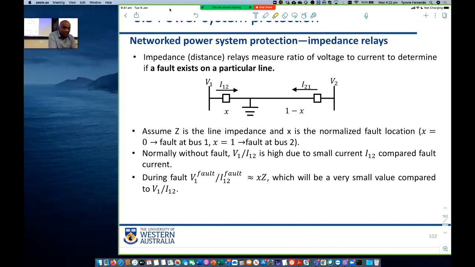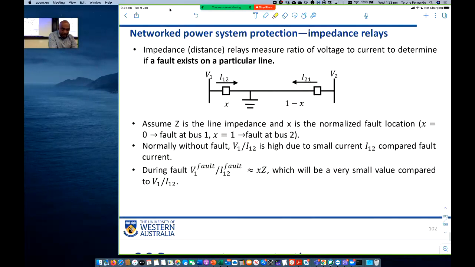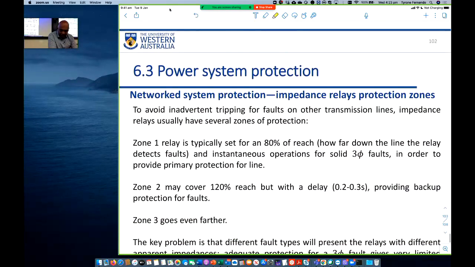So you can see why this is called a distance relay, because depending on where the fault occurs, the ratio of voltage to current will change as a fraction of the impedance of the entire line, which is what is stated here. Right?